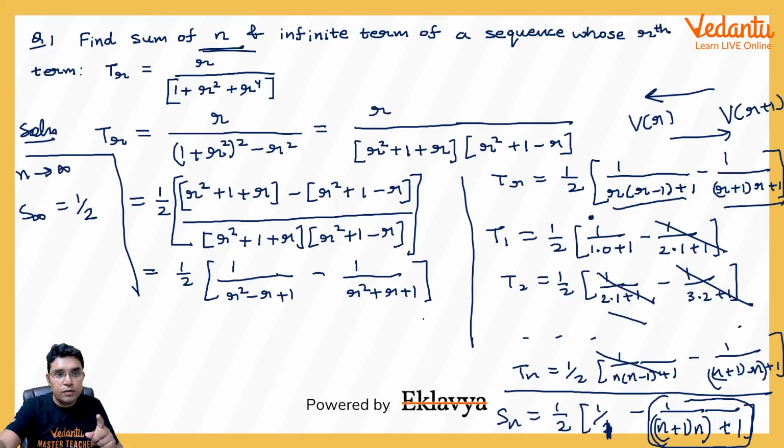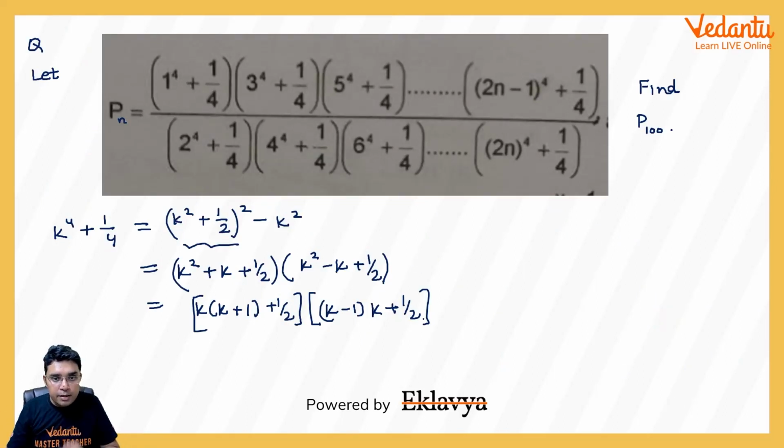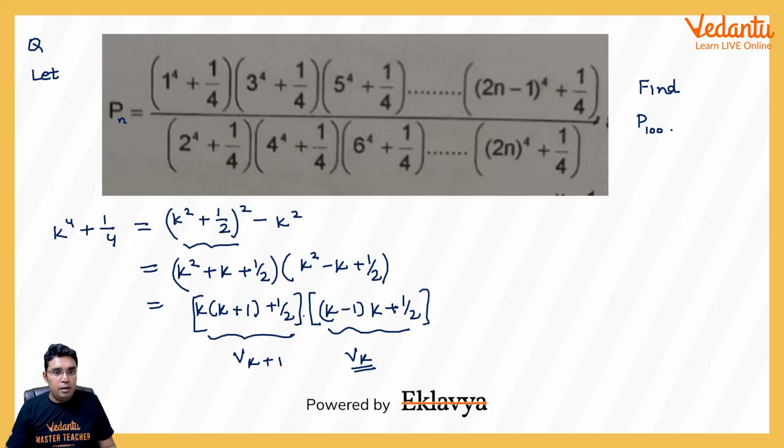Yeah, I think this one, 1 upon 1 + r^2 + r^4, similar to that only. So you can see here that this first bracket is kind of v(k+1), and the other bracket is v(k), isn't it? You can check the corresponding terms in place of k. Here we are having k-1, and the same with this term also.